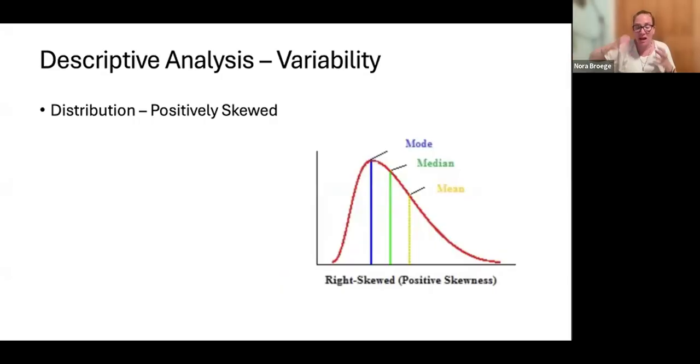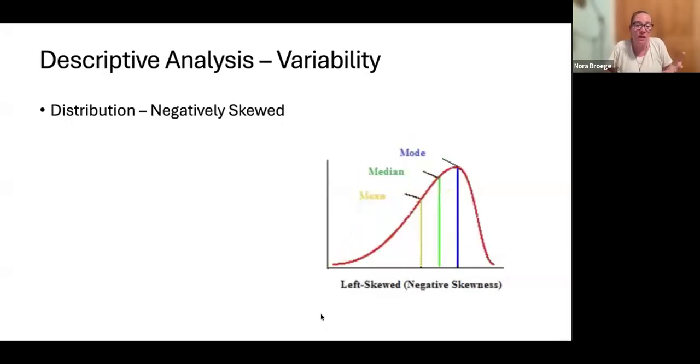If you did actual assets in the United States and you included Buffett, Bezos, Gates, whoever else, the average is going to get pulled way up because they are in the billions. Right skewed is positive. There's also left skewed or negative, meaning your mean is lower than everything else because you have a lot of values towards the bottom, okay?